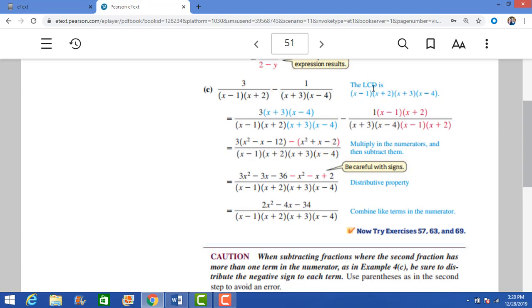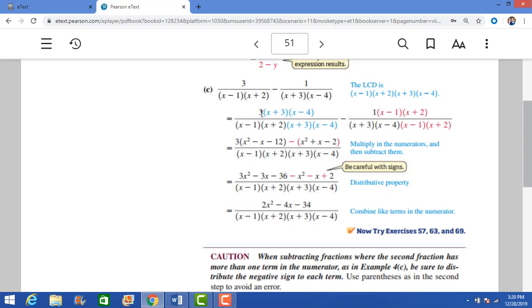So how do we get this over here? Well, we're going to multiply the top and the bottom by these 2 factors. And how do we get these 2 over here? Well, we're going to have to multiply the top and the bottom by these 2 factors. And so what happens is we're going to get this over here, and we're going to get 3 times this over here, right?